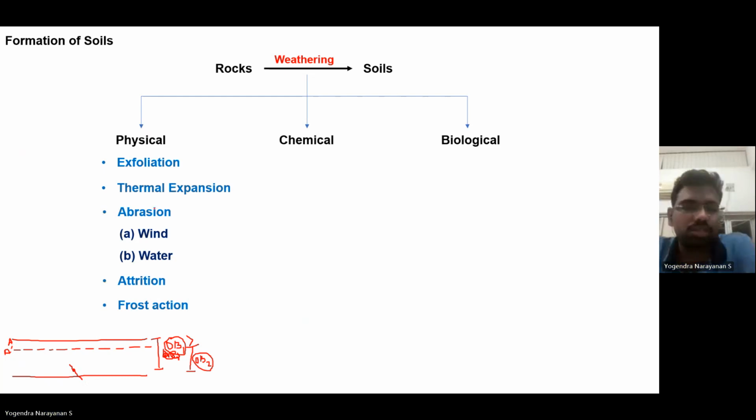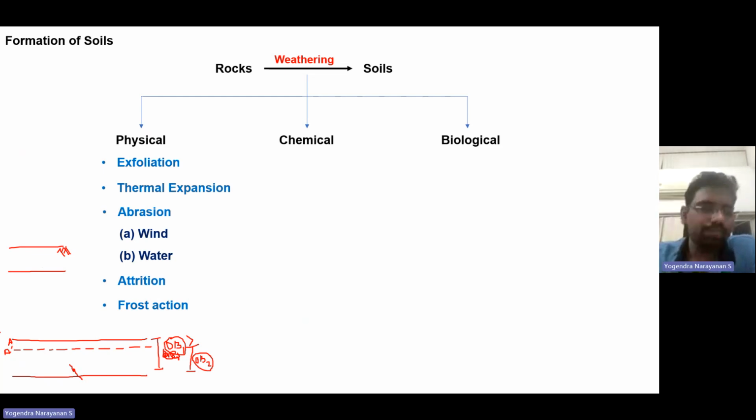And thermal expansion. Now let us consider the same rock mass, exposed to the surface. As we know, there is a huge temperature difference in some parts of the world, between day and night.